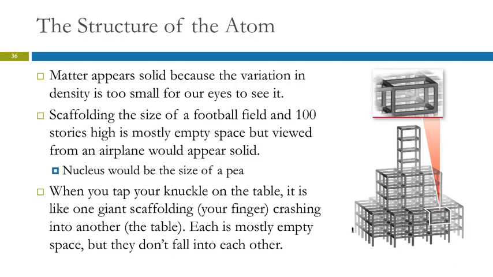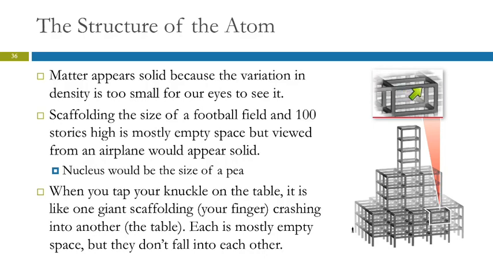I could climb it, but it's mostly empty, right? If you zoom out or go up in a blimp or look at it from an airplane at high altitude, instead of seeing mostly empty space, you're going to see how these things overlap, and the variation in density between the bars and the empty spaces in between is smaller and smaller, and you can't distinguish it anymore, and it's going to look solid. That makes sense?